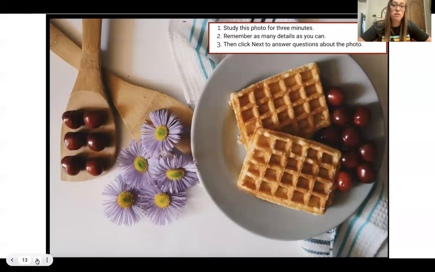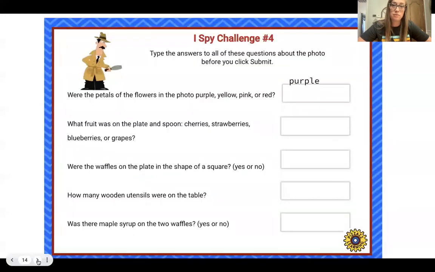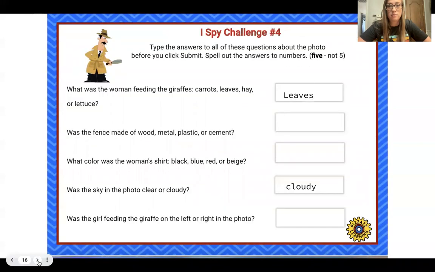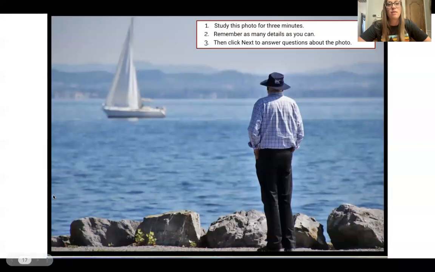Here's another photo, it looks like a breakfast. And another photo. Looks like they might be at a zoo. And the last photo, remember you can pause on these photos to study them.